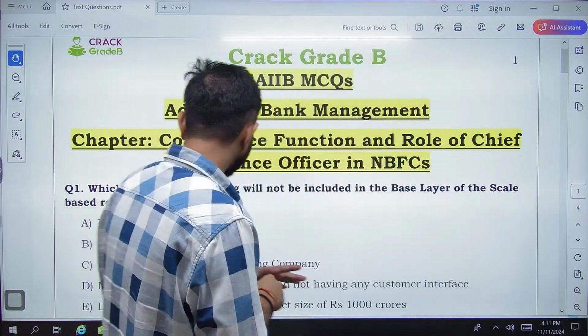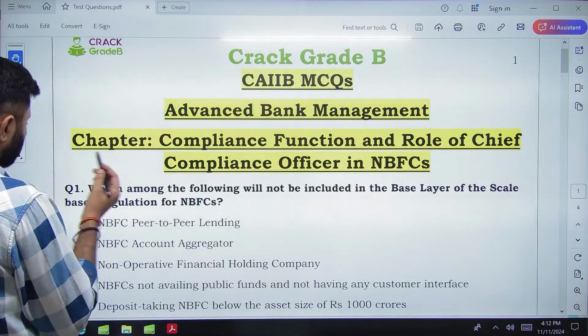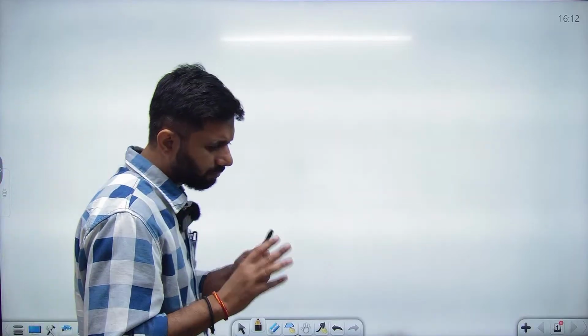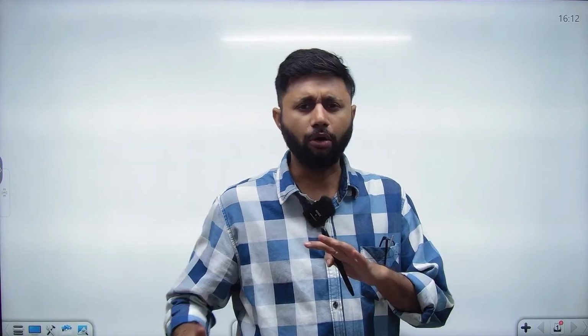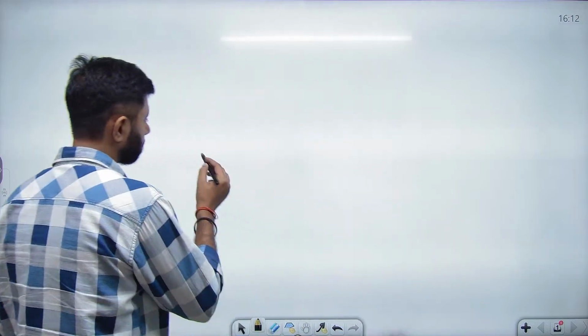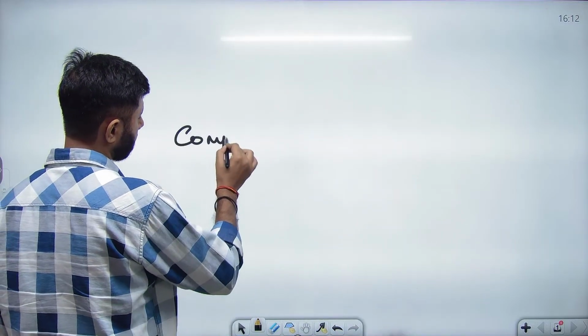Before starting with the questions, let's discuss the broad context in which we are doing these things. As all of you understand, compliance function covers many things.